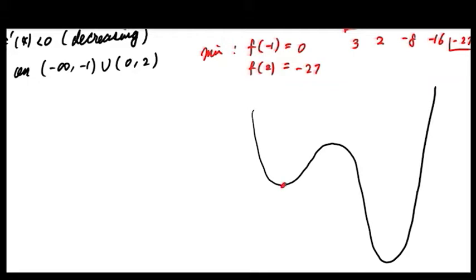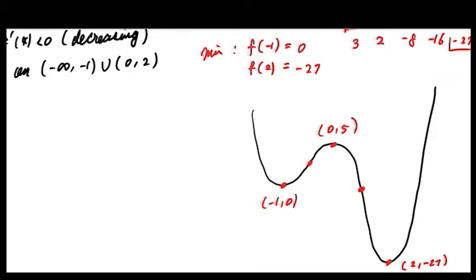So what we have here is -1, 0, and this one is 0, 5, and this one down here is 2, -27. More realistic. All we have to do is find the points of inflection, which is this one right here and somewhere this one right there. Okay, let's go for that.